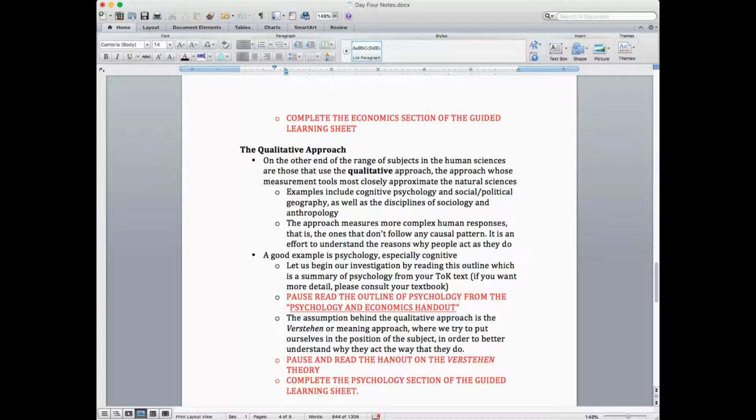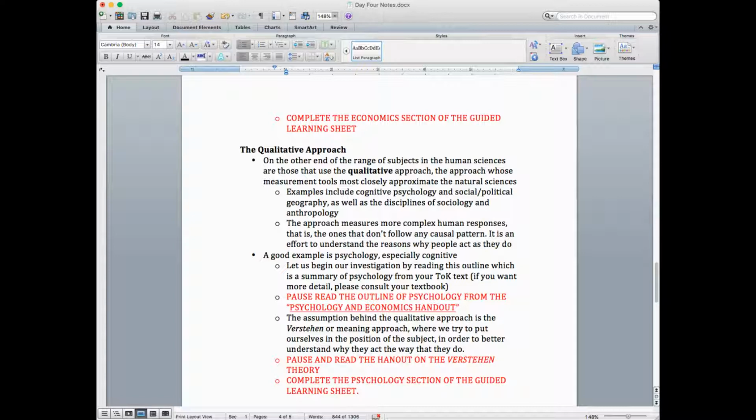But on the other hand, the human sciences have probably a wider range of methods than any other AOK we're going to look at. And now we're going to look at the other end of the spectrum in the human sciences, the qualitative approach. So on the other end of the range of subjects in the human sciences are those that use the qualitative approach, the approach whose measurement tools most close.